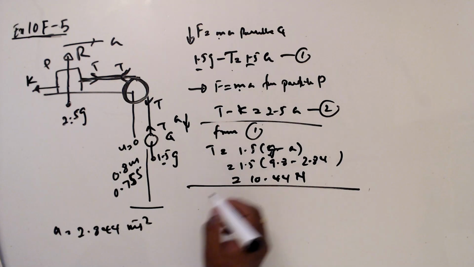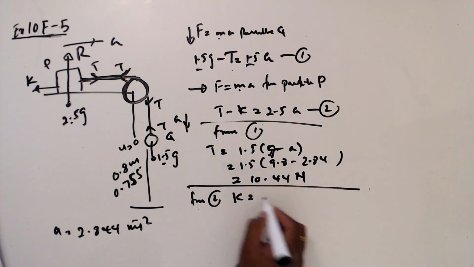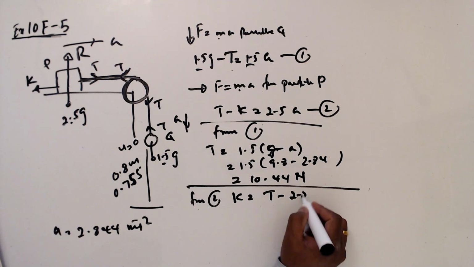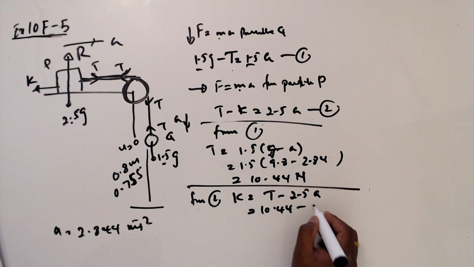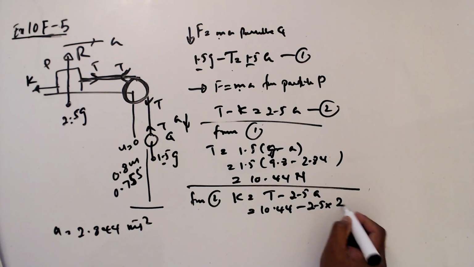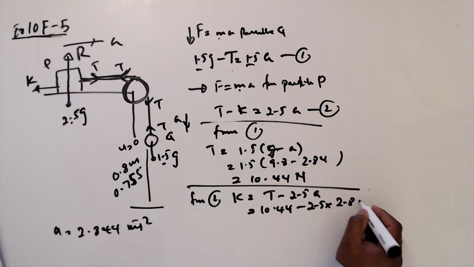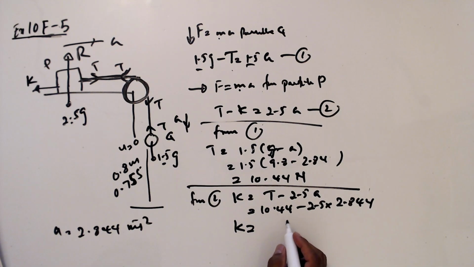And from 2, k equals T minus 2.5a. So T is 10.44 minus 2.5 times 2.844, then we will get k as approximately 3.3 Newton.